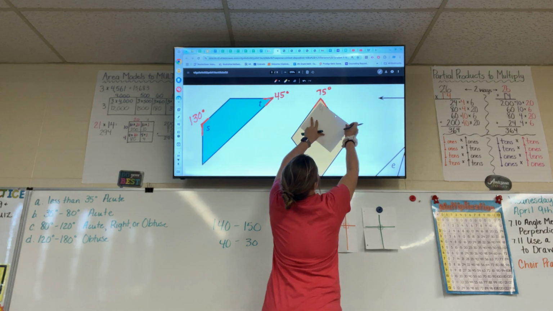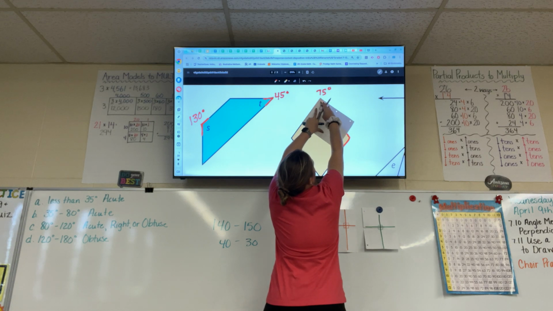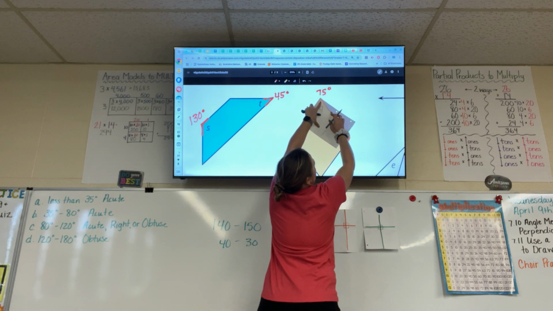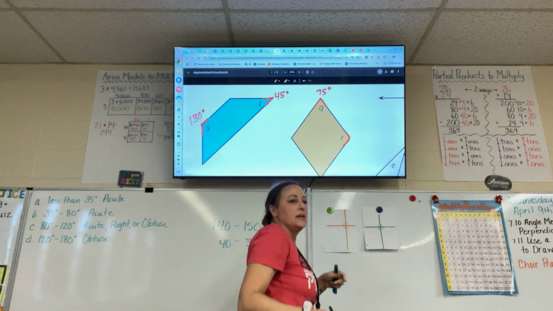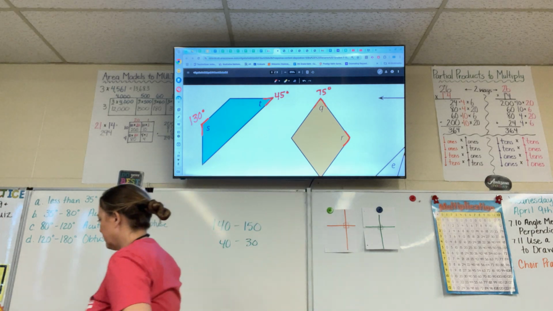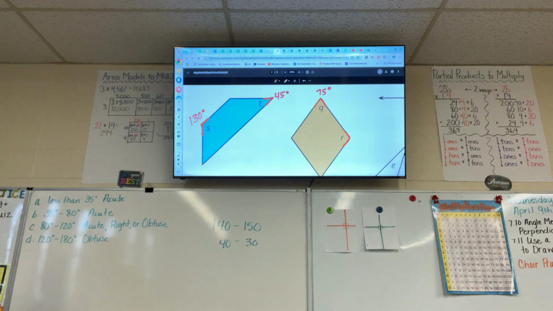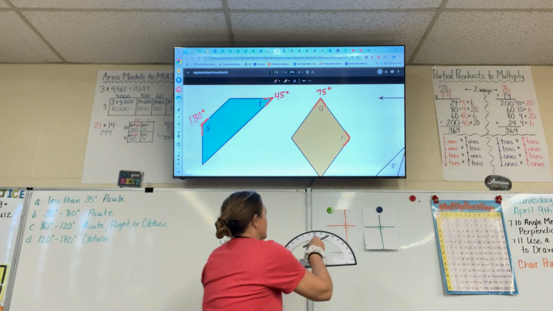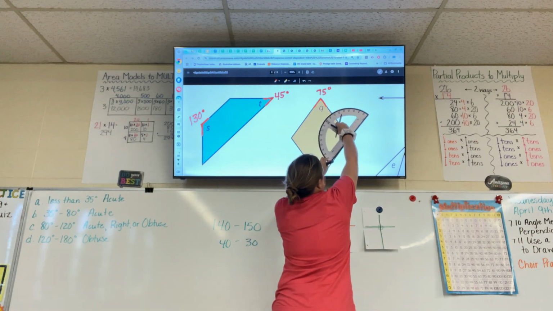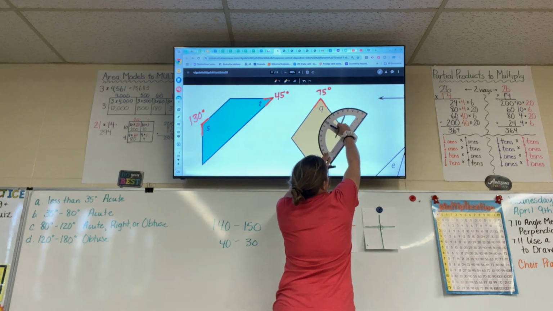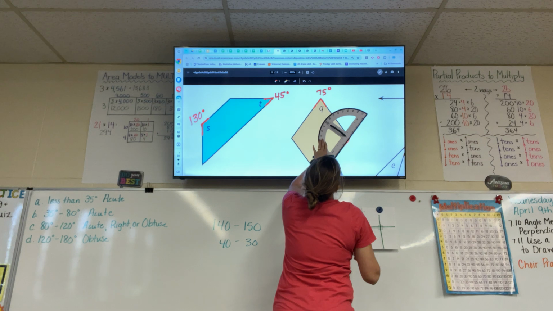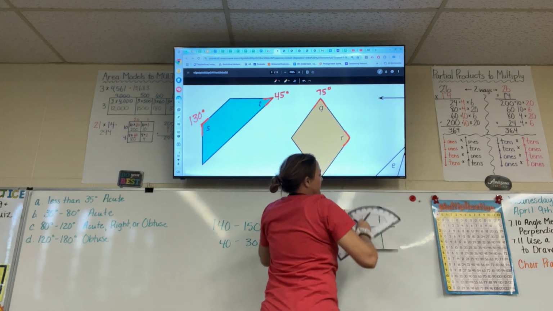It's obtuse. And this one, see how it goes inside the paper where you can't see it, it disappears? It's acute. All right, so an obtuse angle, big numbers. All right, here we go. So I line that up there, and it looks like it's pointing at 110.